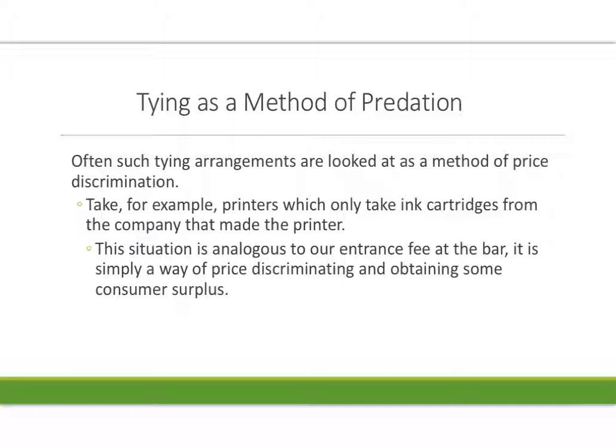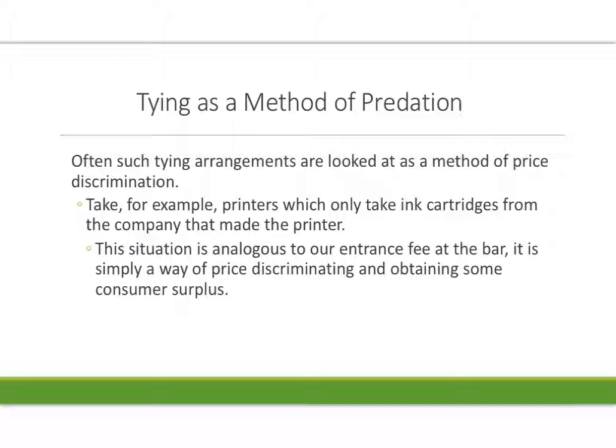A tying relationship is where you charge one fee at one point and then you charge fees again later. In this example, you charge a fee for a printer or copy machine that only takes ink cartridges from that company, and then that obligates you to buy the ink from them going forward.